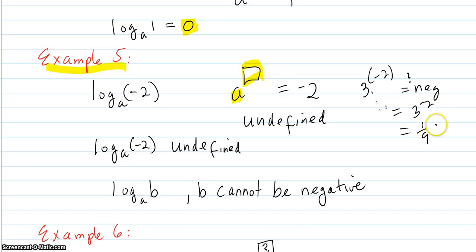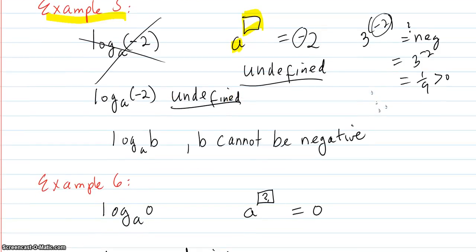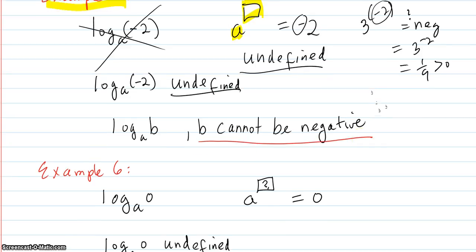That's a positive number. No matter what you put up here, you're going to get positive. So how can you get a negative number? You can't. So this log of a negative number is undefined. So when you have log base a of b, we realize that b cannot be negative.